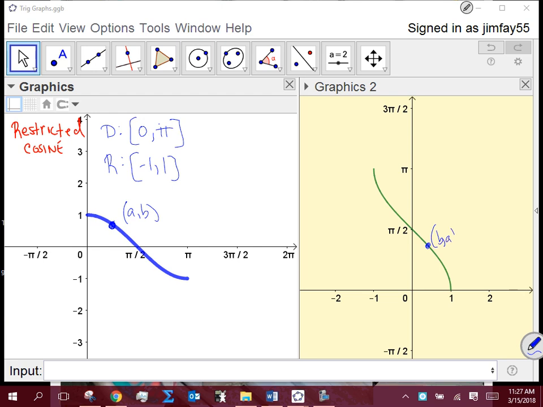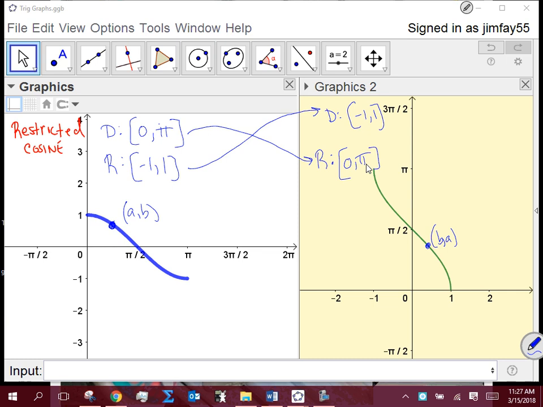B comma a. And what that tells us then is that this domain becomes the range over here, and this range becomes the domain. You can verify that to yourself. The x values that the green curve is graphed between are negative 1 and positive 1, so there's your domain.